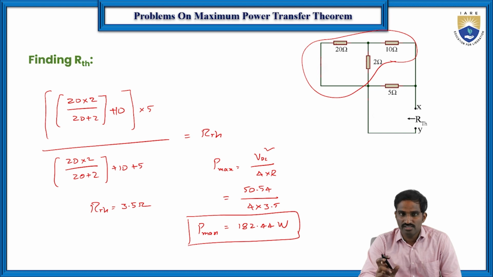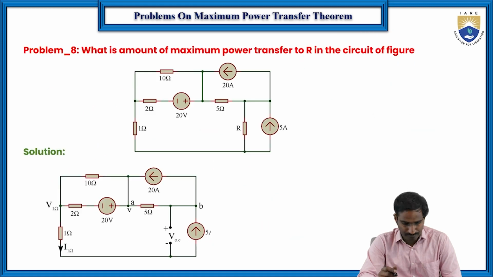Sometimes, based on the terminal polarities, plus minus and minus plus, we are adding the potential across these two points, and sometimes we are subtracting the potential across these two points. So it is very important to know the VOC, the procedure to find the open circuit voltage, right?